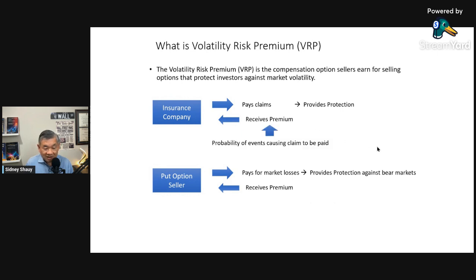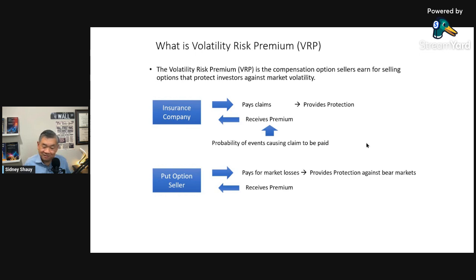In the case of an insurance premium, it depends on the probability of events causing a claim to be paid. Let's say it's car insurance: how probable is the car to get totaled?